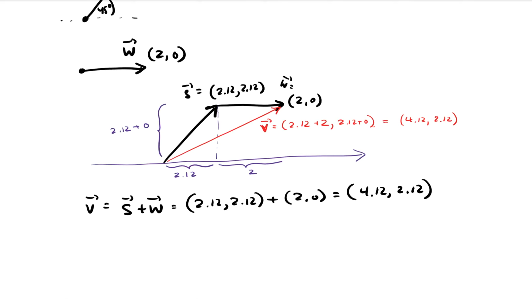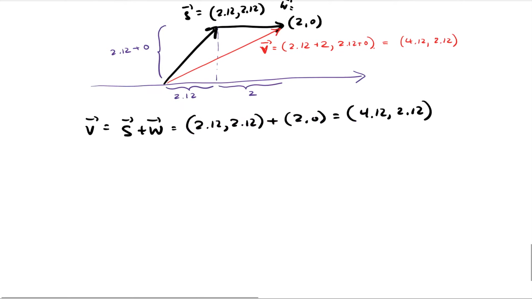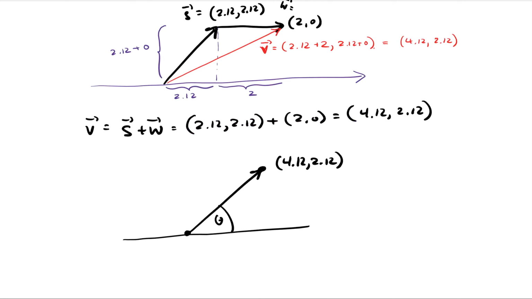I can find with the coordinates the magnitude and the angle, because this is something we've done in the previous video. So vector V, if it's positioned so that it starts at the origin, the coordinates of the head are 4.12 and 2.12. And then we can come up with the magnitude and the angle. Now the angle, we see it's going to be acute, so we're going to be able to find the angle by taking the arctan of the ratio of the y value over the x value.